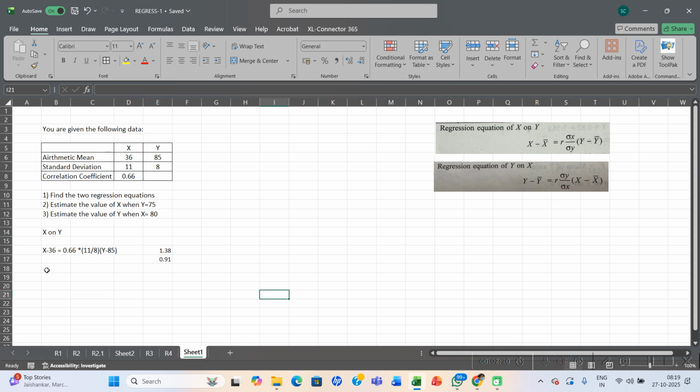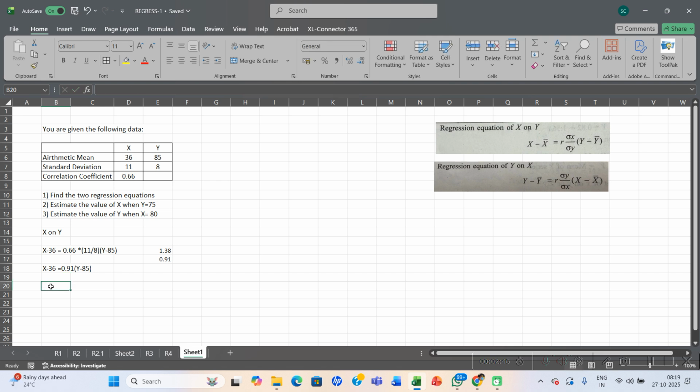So the equation becomes x minus 36 equal to 0.91 multiplied by y minus 85. Now let us expand this equation.